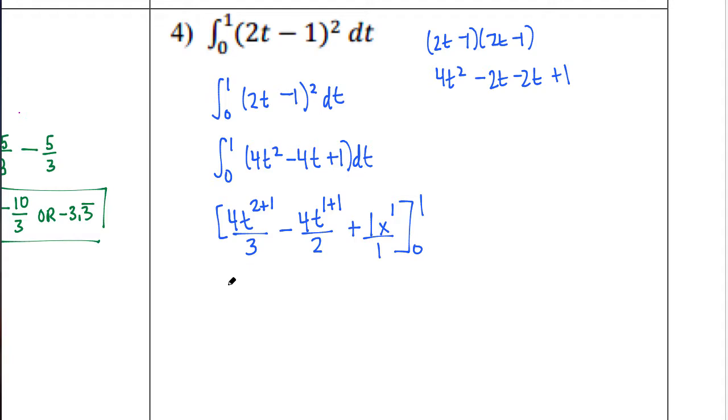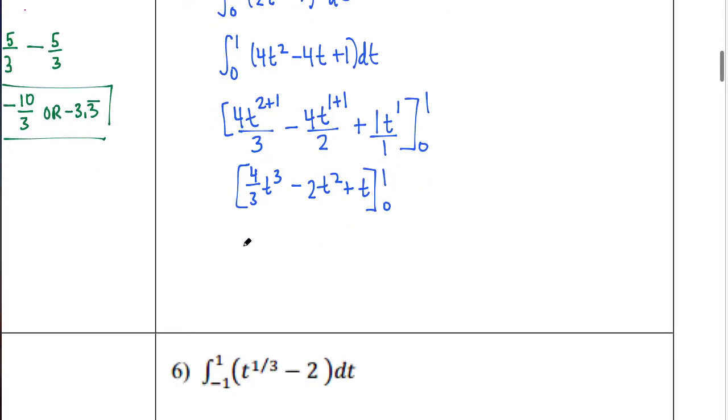So let me clean this up. So I have 4/3 t cubed minus 2t squared plus t. Not x, dang it, I did it again. So that is t. Now I'm just going to evaluate it. So all of these terms included t.